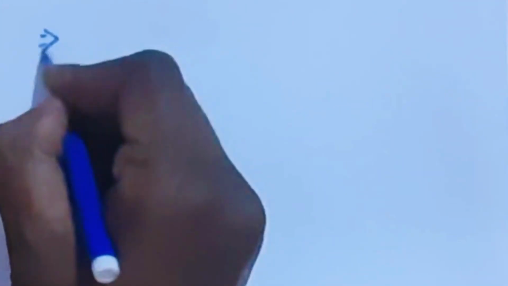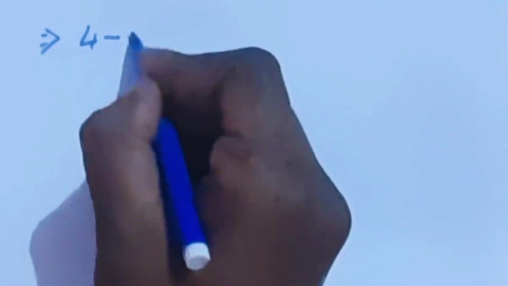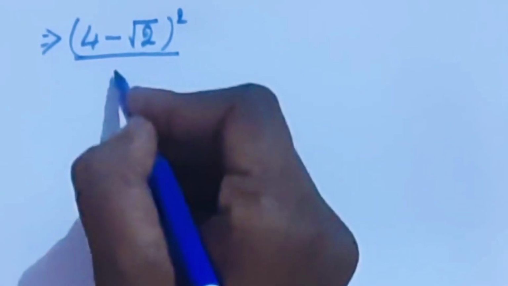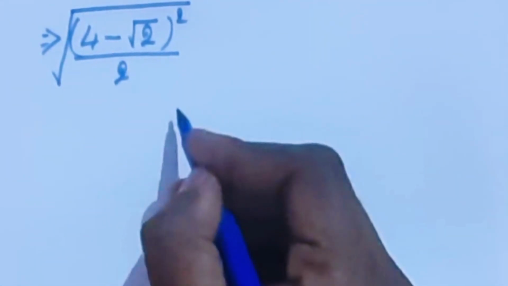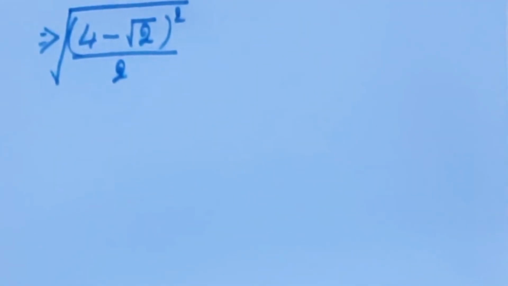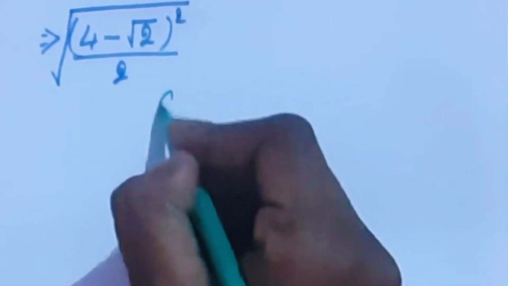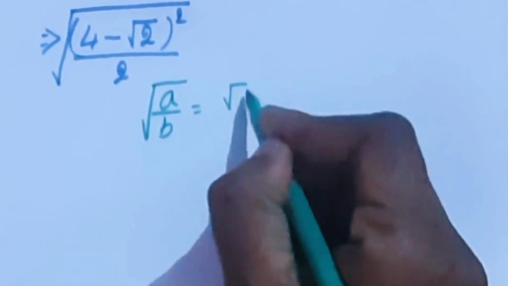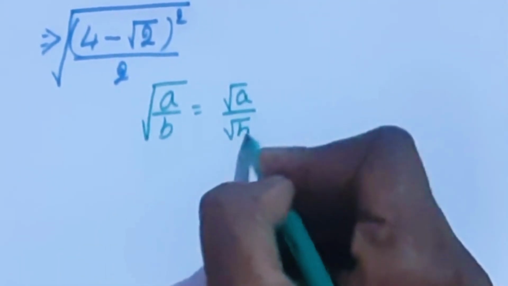Now here 4 minus square root of 2 whole square by 2 in whole square root. Now we are going to apply this formula here, that is a by b whole square root equals square root of a by square root of b.